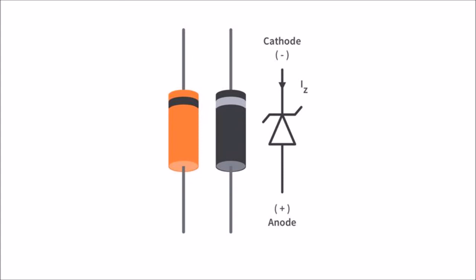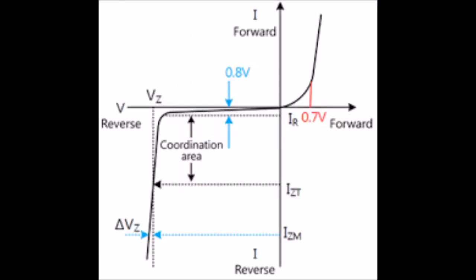So when it comes to the working principle of Zener diode, the Zener diode operates just like a normal diode when in a forward bias mode, and it has a turn-on voltage between 0.3 to 0.7 volt. However, when connected in a reverse biased mode, which is usually in most of the applications, a small leakage current may flow.